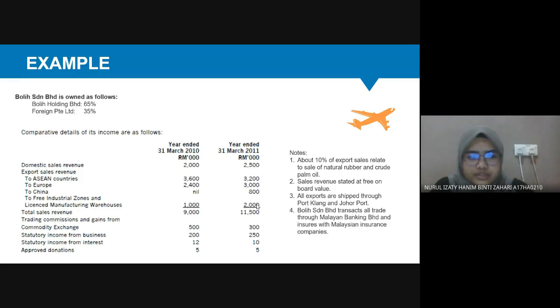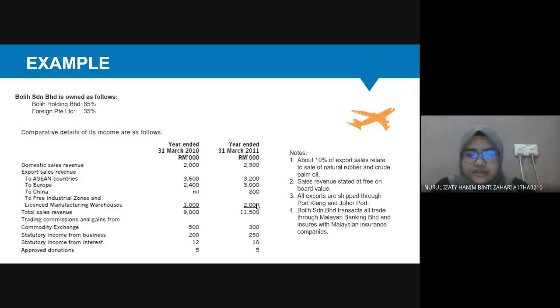And then to pre-industrial zones and licensed manufacturing warehouse is 1 million in 2010 and 2 million in 2011. The total sales revenue in 2010 is 9 million and in 2011 is 11.5 million.